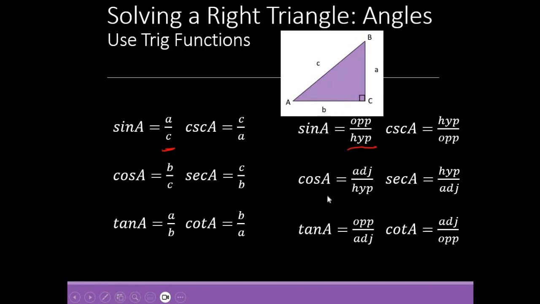So cosine A, adjacent over hypotenuse, is the same as B over C. So it is the adjacent side, the side next to it, over the hypotenuse, the one that's across from the right angle.